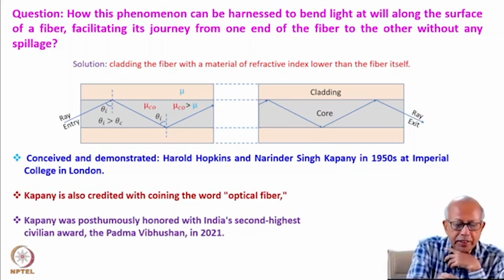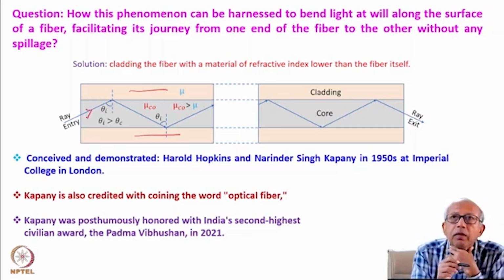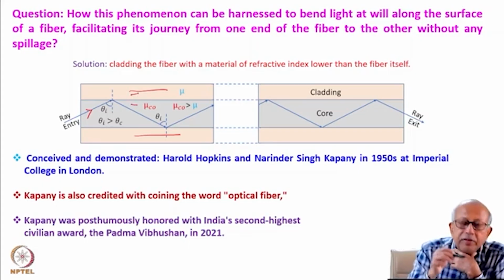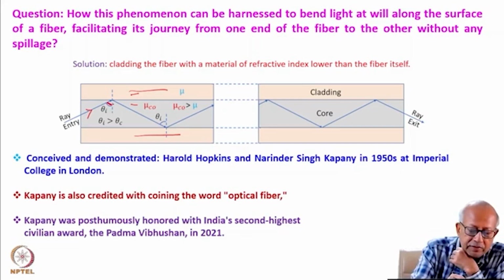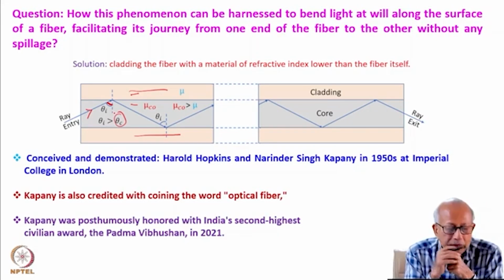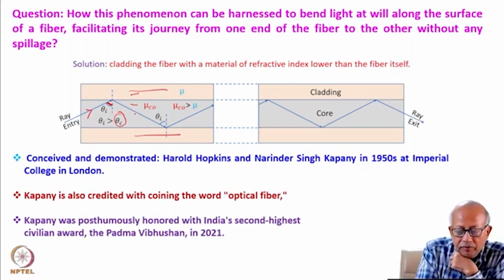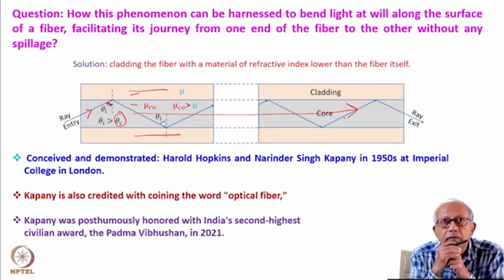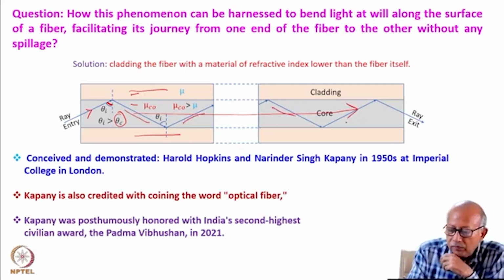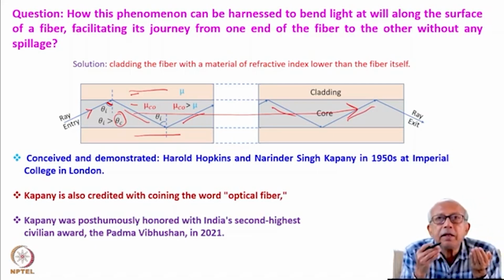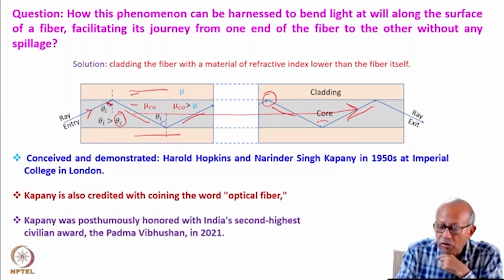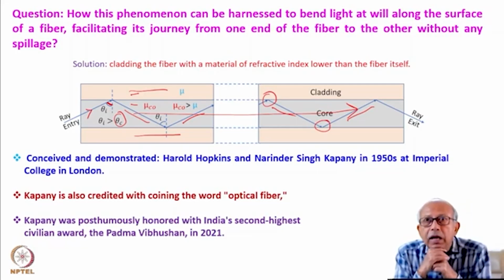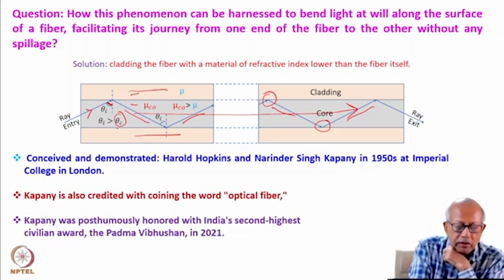We know that if we take an appropriately cladded fiber and launch a ray of light on the core clad interface in such a way that the angle of incidence exceeds the critical angle, then this ray of light travels down the fiber core in a zigzag path, always experiencing total internal reflection every time it is incident on the core clad interface at an angle exceeding the critical angle.